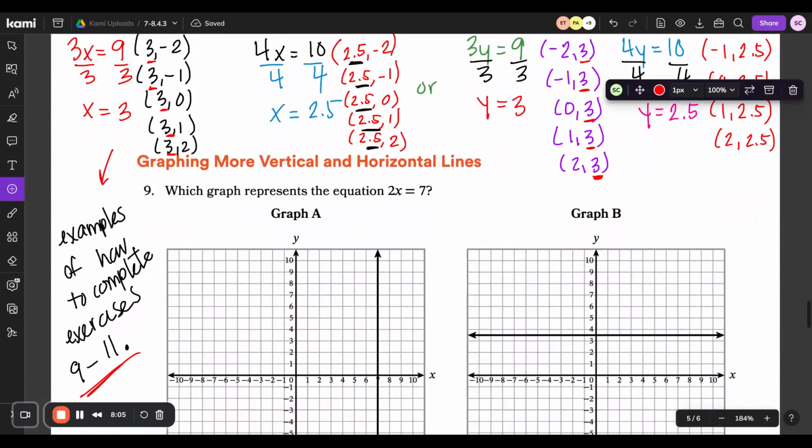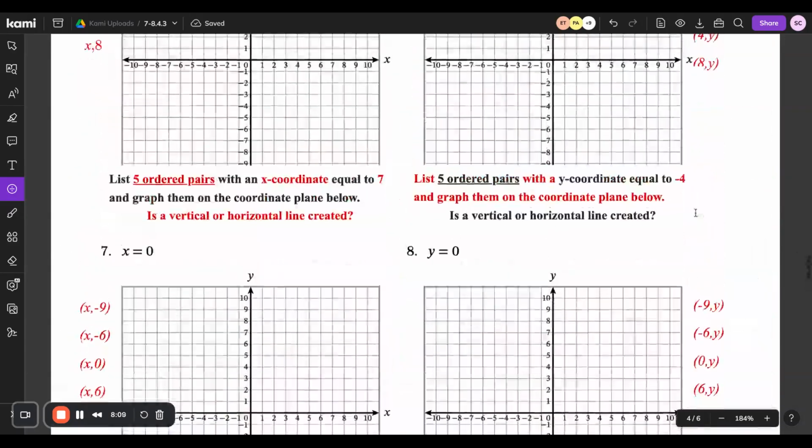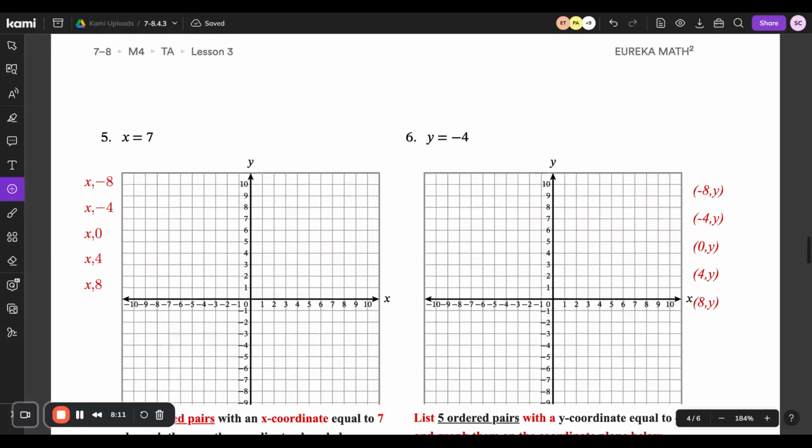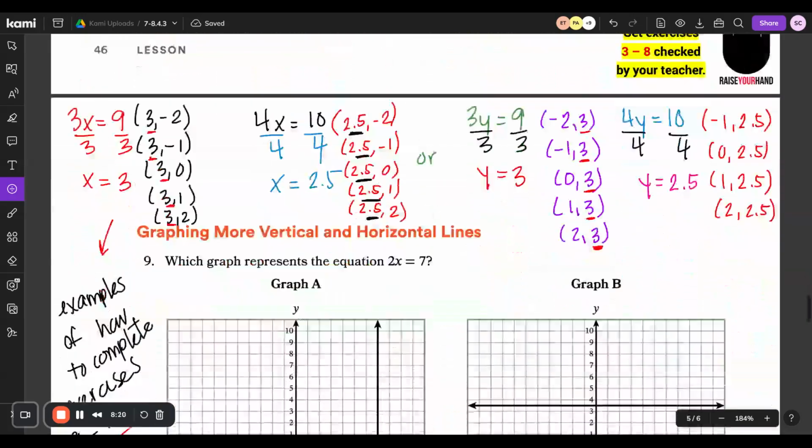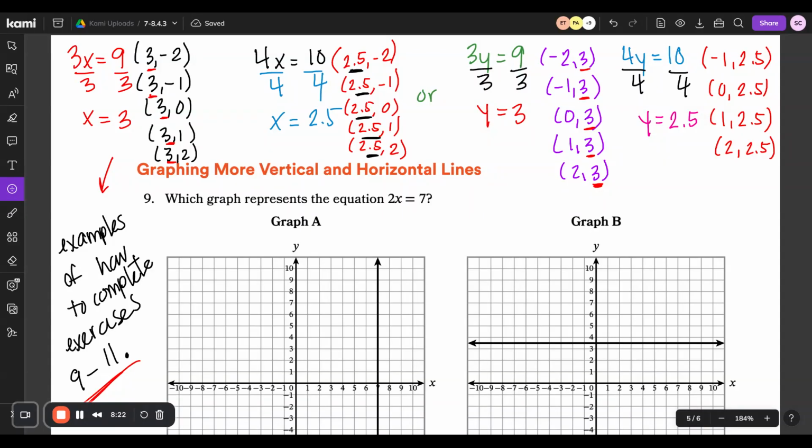And for this last part, normally all of the ones that we did in the previous examples did not have a coefficient other than 1. So like this x that you see here is like 1x, or this y that you see here is 1y. But you'll notice with this example here for number 9, you don't have x equals 7, you have 2x equals 7.